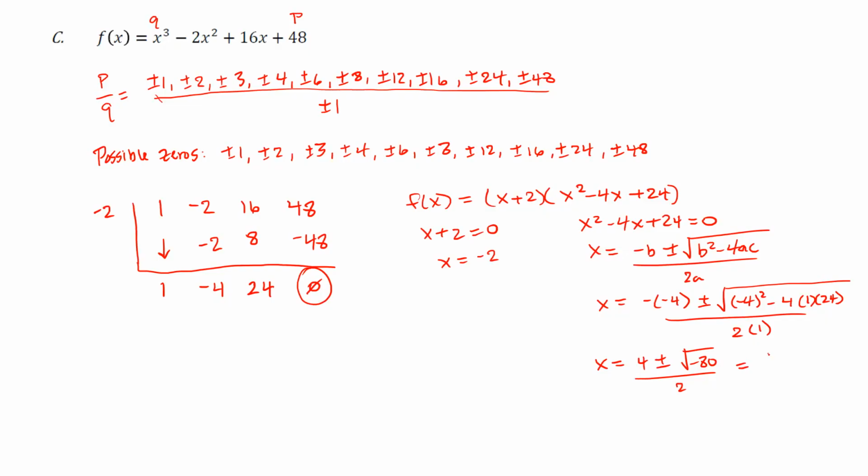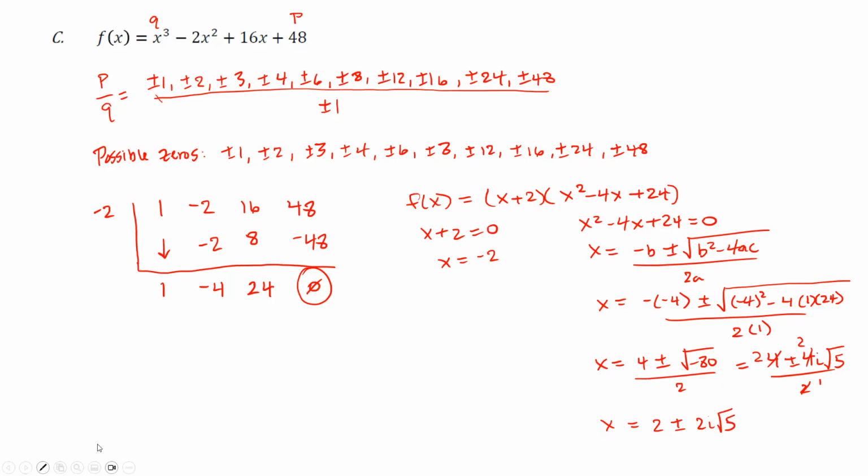This simplifies to 4 plus or minus 4i square root 5 over 2. Dividing by 2, we will get x equals 2 plus or minus 2i square root 5.